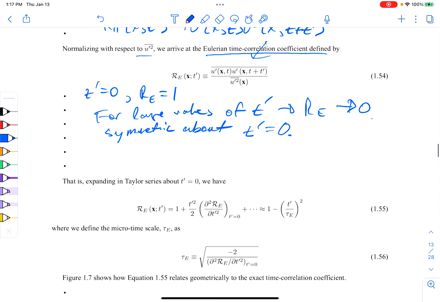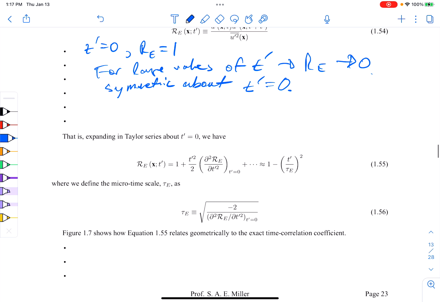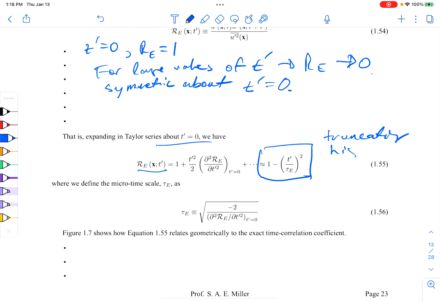Okay. Now let's just say we take that same function RE and do a Taylor expansion about t prime is 0, and you can write it, after truncating higher order terms, as this function. That's 1 minus t prime normalized by tau e, squared.